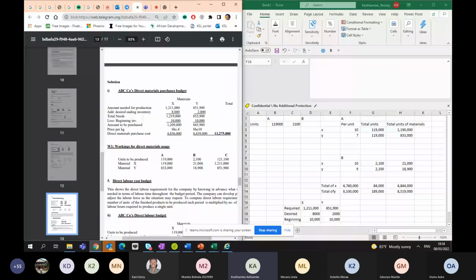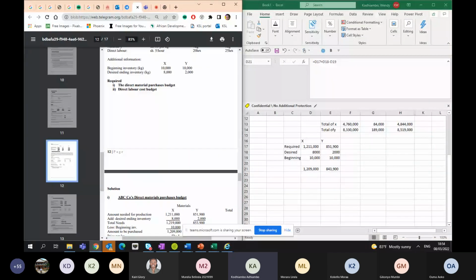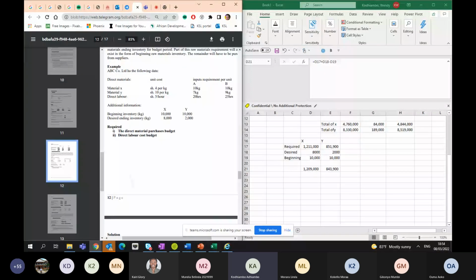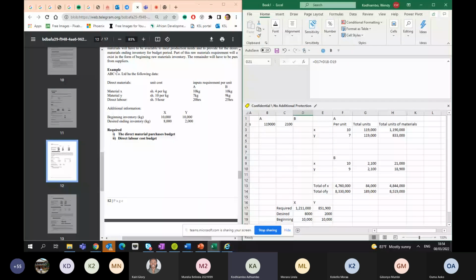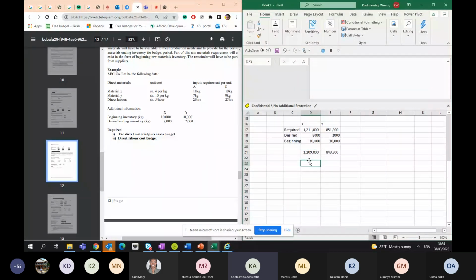Okay, so now once we have this, we have the number of units, but remember this budget asked us, so always go back to the question before you move to the next one. It asks us for the budget, not the units. So what I did initially was go straight and multiply by the units, but the approach is different. As long as you get to the answer, it's okay.